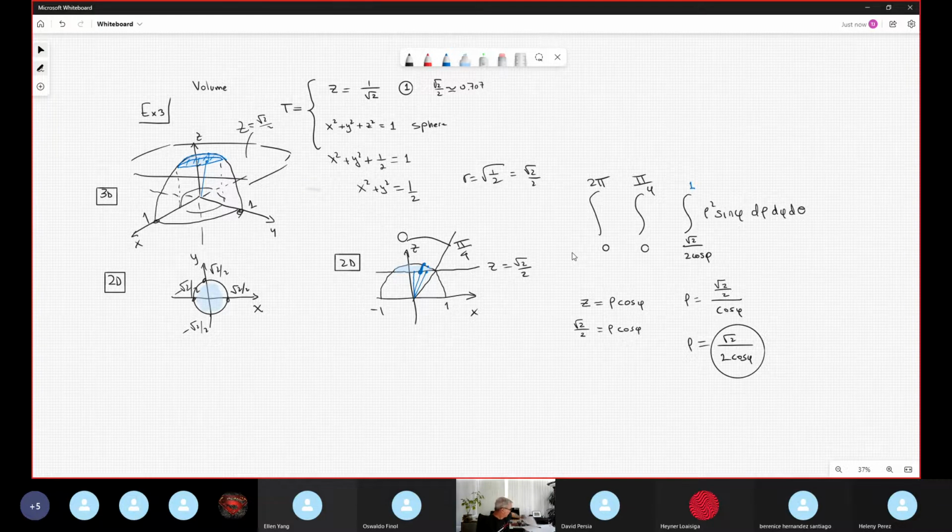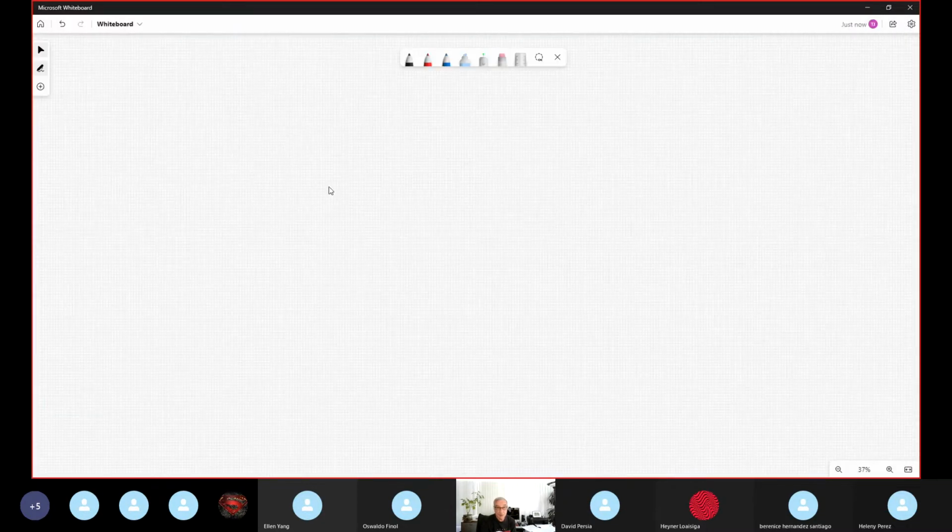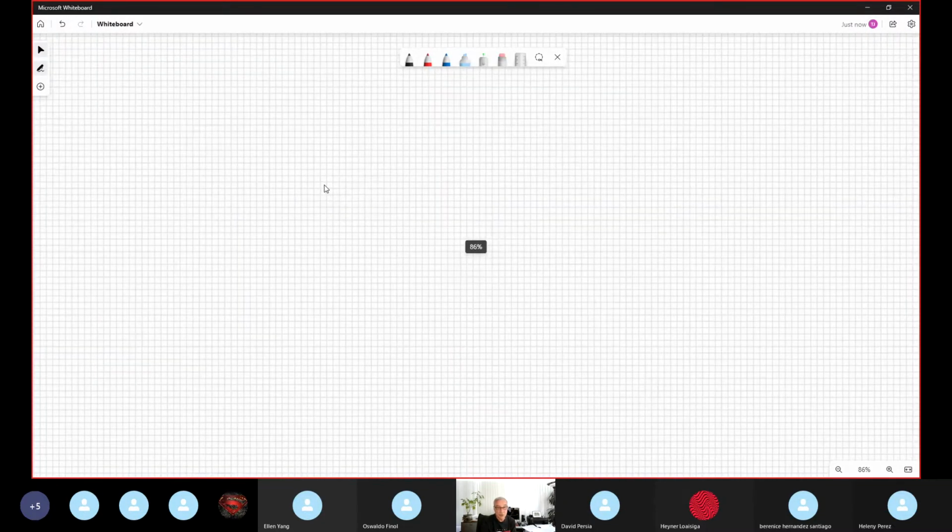So, I want to spend the rest of the time doing applications of the triple integral. Because it's not always volume, no. We can compute, for example, center of mass, center of gravity, centroid.